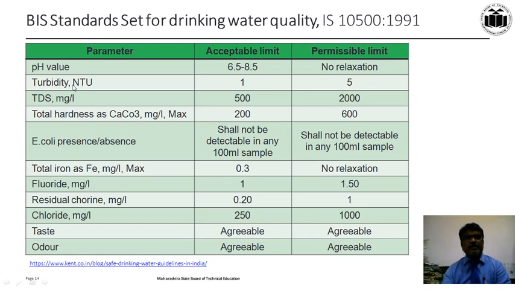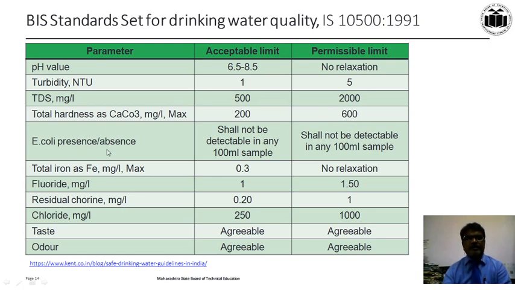The turbidity in nephelometric turbidity unit, acceptable limit is 1, permissible limit is 5. TDS in mg per liter or in ppm. Acceptable limit is 500. Permissible limit is 2000. Total hardness as calcium carbonate in mg per liter. For acceptable limit it is 200 and for permissible limit it is 600.